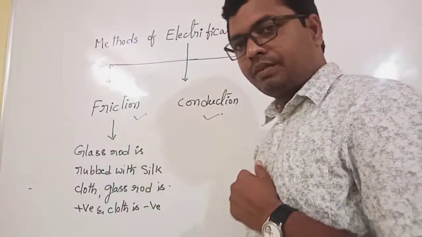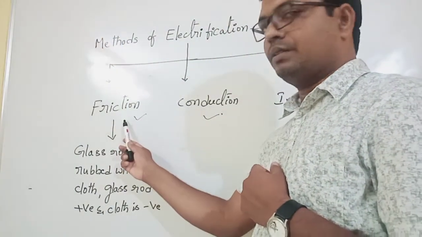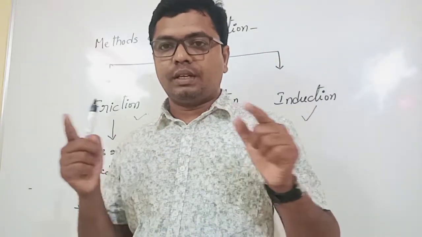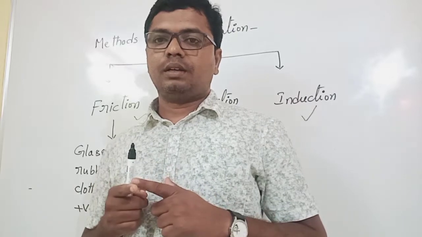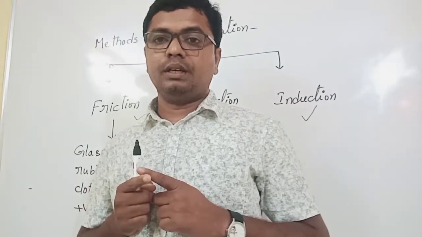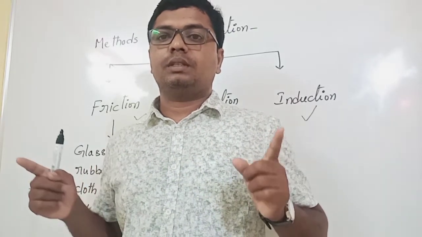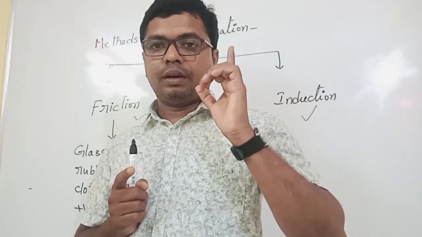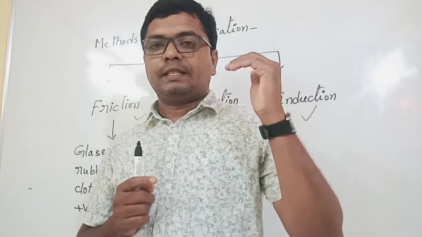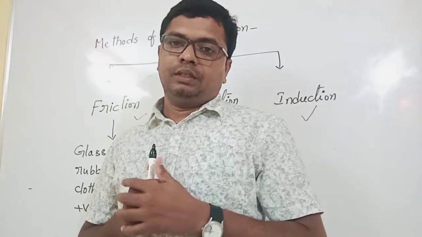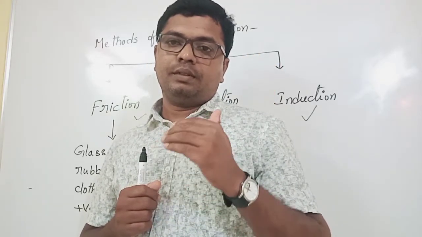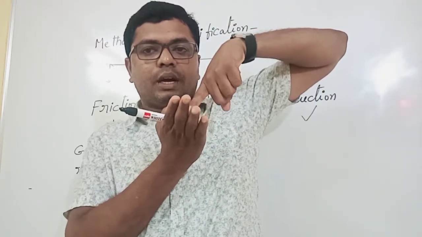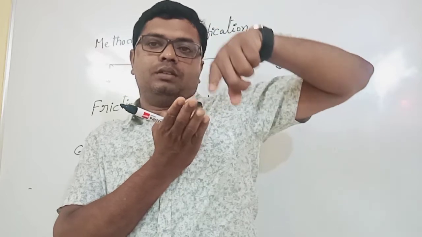Methods of electrification, the first is friction. In the previous class I gave a tabular column. In that tabular column, I used a glass rod wrapped with silk cloth. The glass rod experiences continuous friction from the silk cloth.